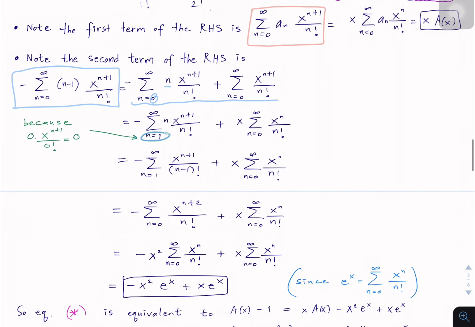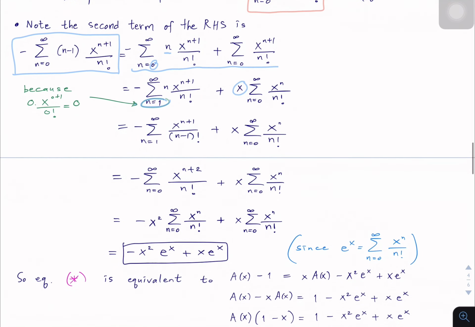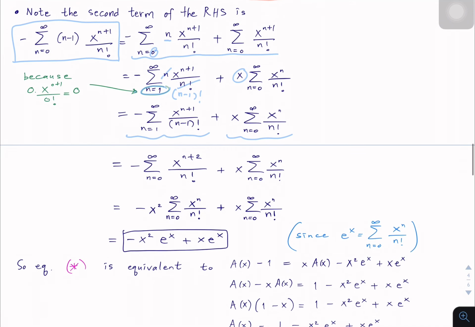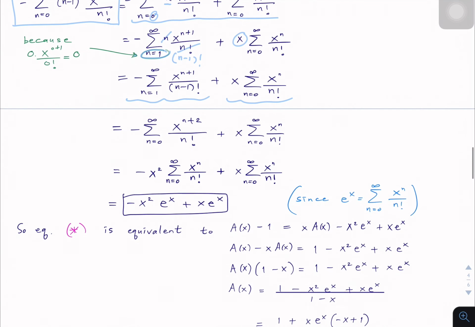Then I take out the x for the second term, and now I simplify. I cancel out the n to get this part, and the second part is still the same. Now I want both of the terms to start at the same value, so I want the index to be the same.